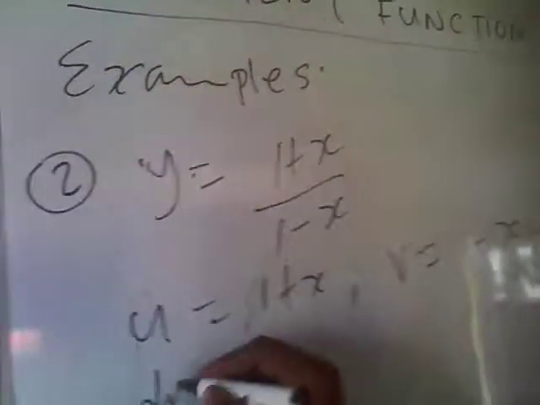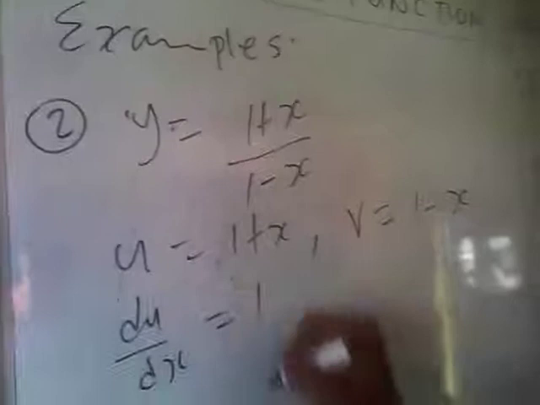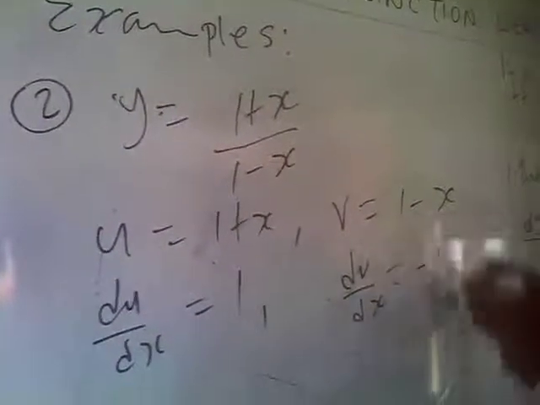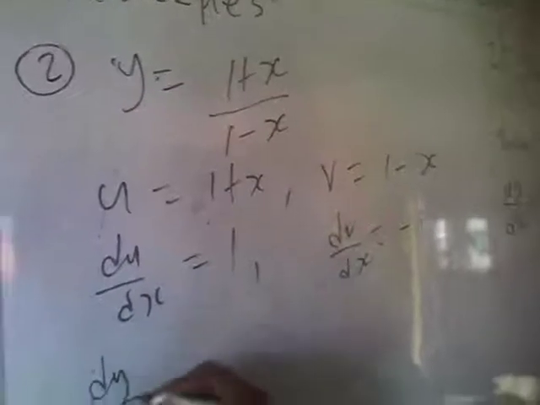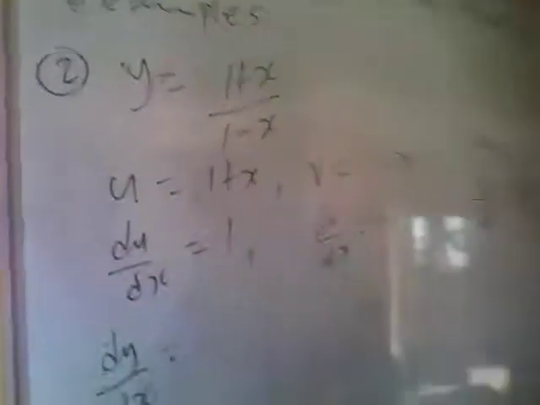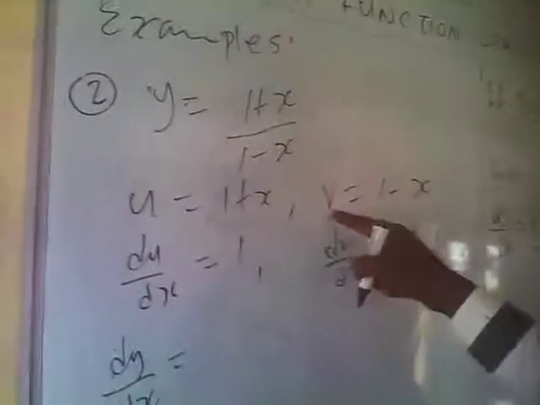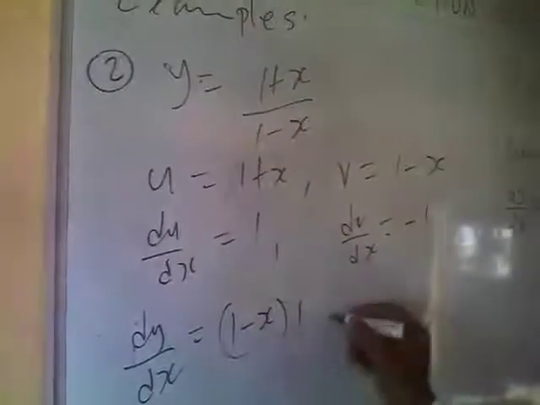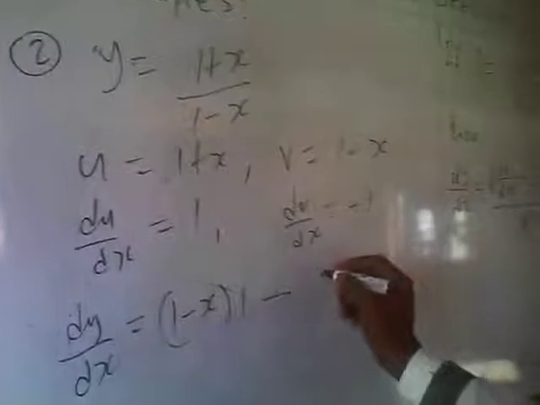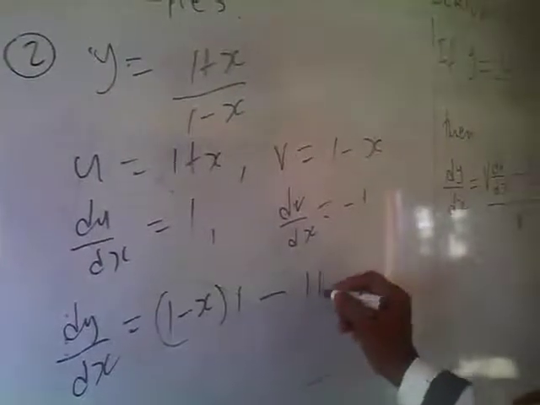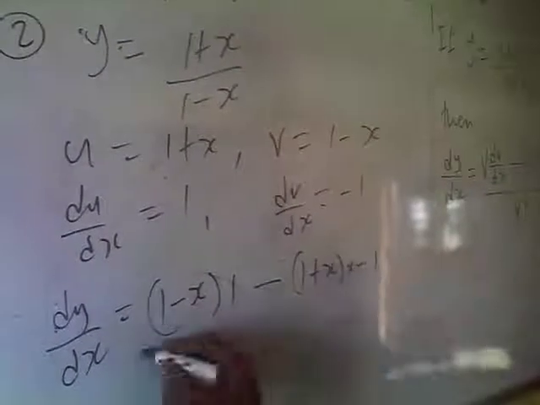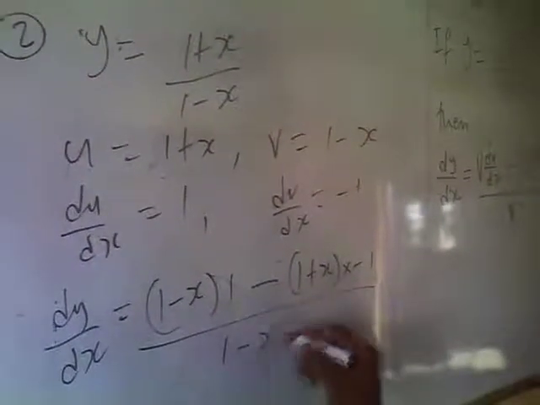So du dx automatically will be 1, while dv dx will be the derivative of this function, which is minus 1. So dy dx using the quotient function rule is v du dx, v is 1 minus x, then du dx is 1, then minus u, which is 1 plus x, times dv dx, which is minus 1, all over v squared, which is 1 minus x all squared.